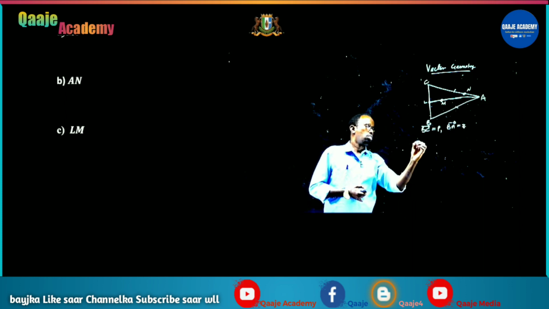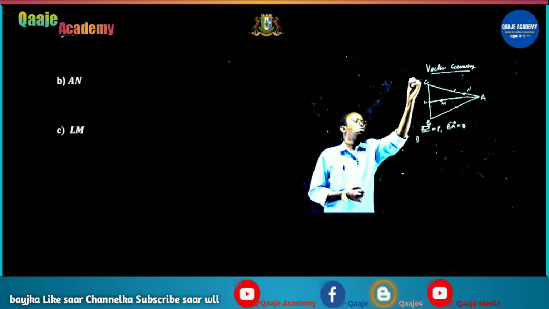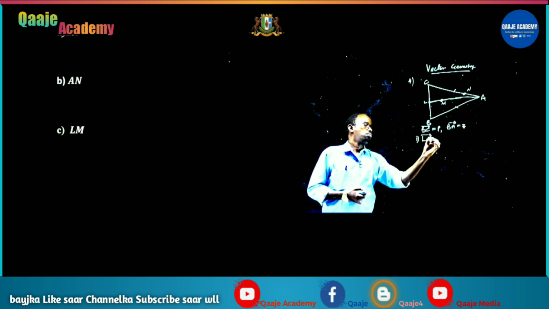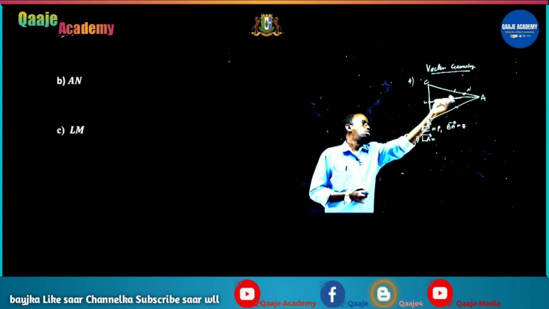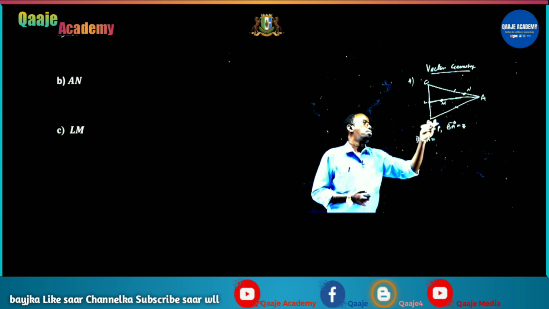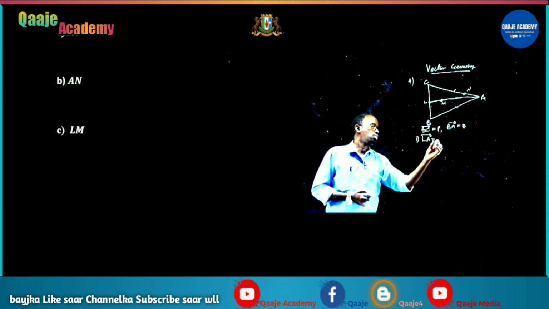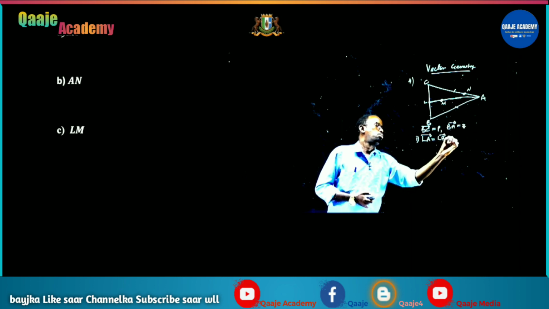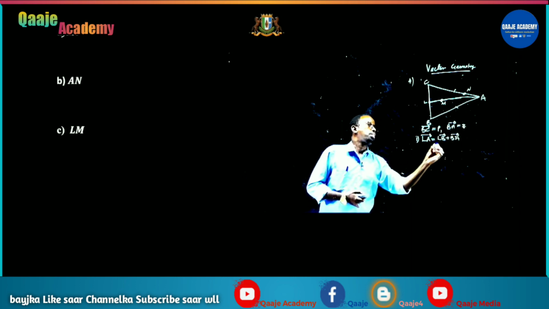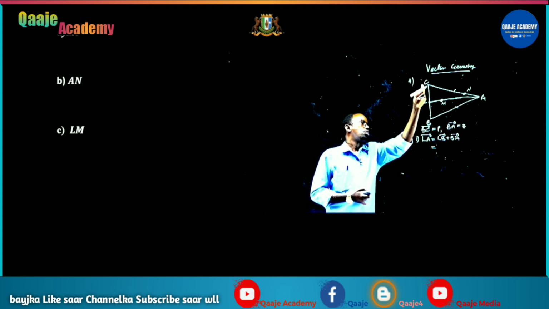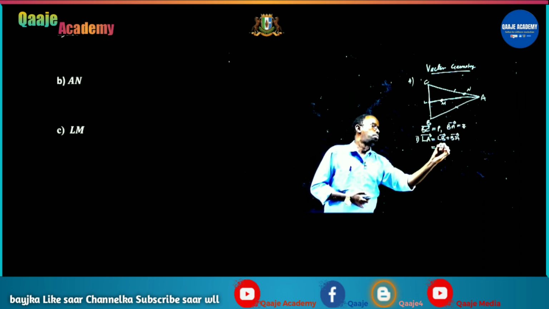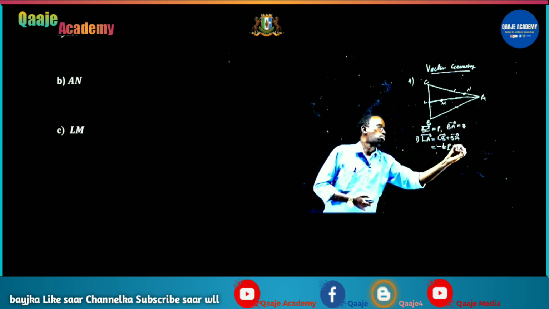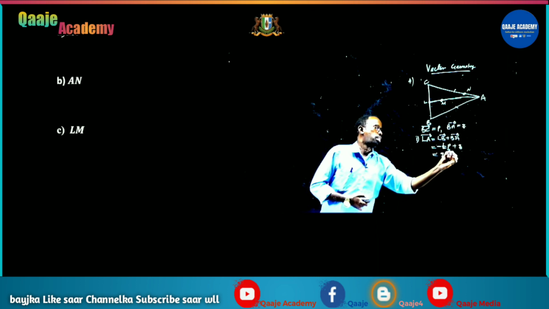So LA will be equal to LB plus BA. So LB, we know that BC is B, so therefore LB will be half of the line CB, therefore this becomes minus half B, plus this line, which is Q. So the answer will be Q minus half B.